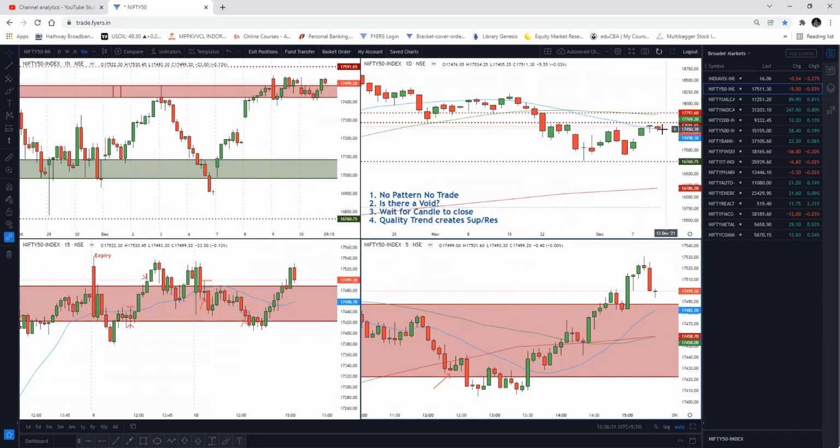Analyze where the prices are in the daily time frame, and then move down to the 60 minute time frame, and then move down to the 5 minute or 15 minute, whichever is your trading time frame. This kind of approach is called a top down approach, where you start analyzing the prices from the higher time frame, and then you move down to your trading time frame.